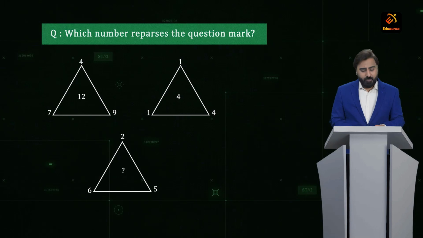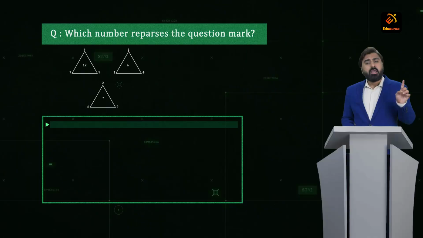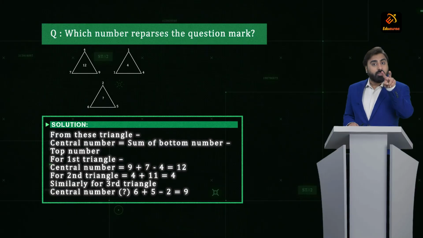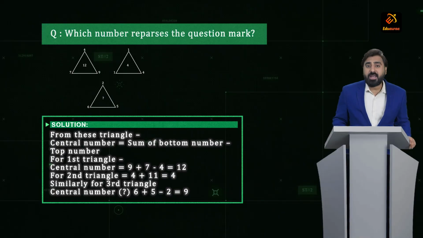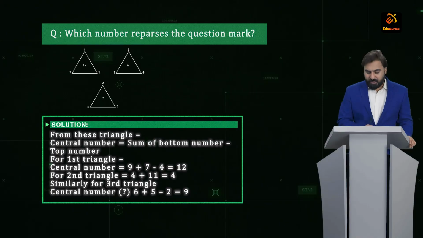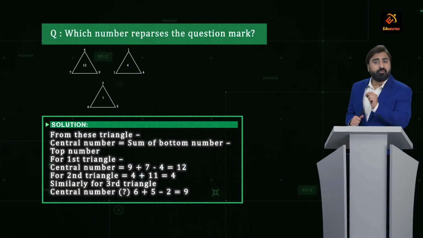How will we find it? If you see the logic here, in the first triangle, the addition of 7 and 9 is what? 16. Subtract 4. What is the number? It is the number which is inside this triangle. Similarly, consider the second triangle. What is the addition of 1 and 4?